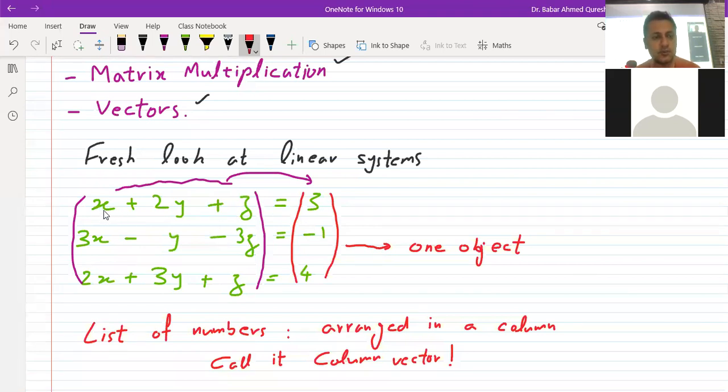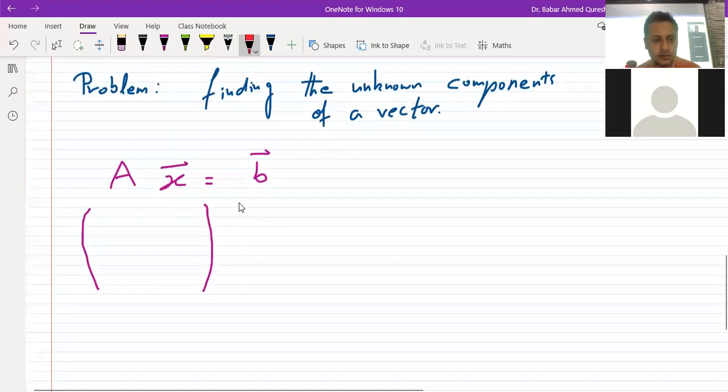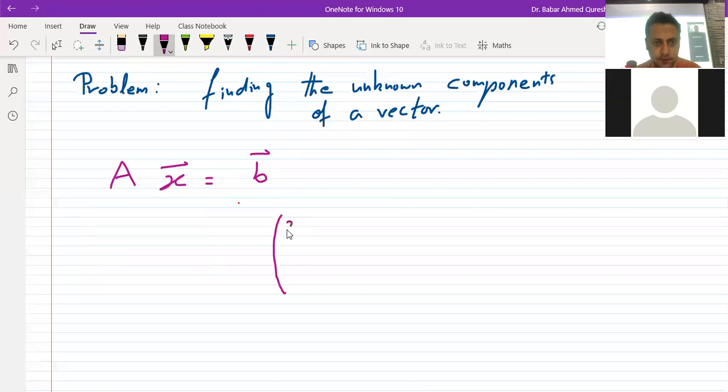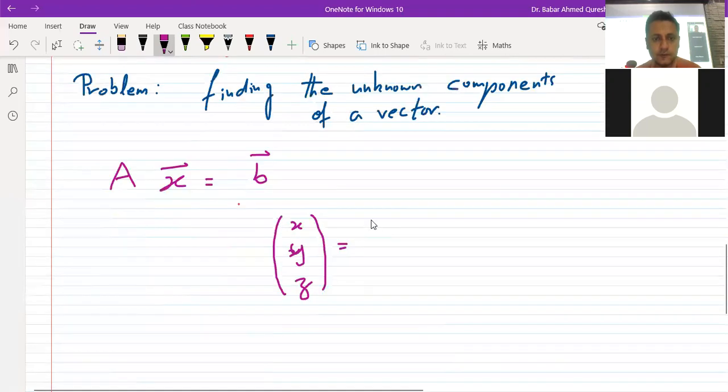Now I want to split this open and write it as XYZ, X, Y, Z. This side was 3 minus 1, 4.